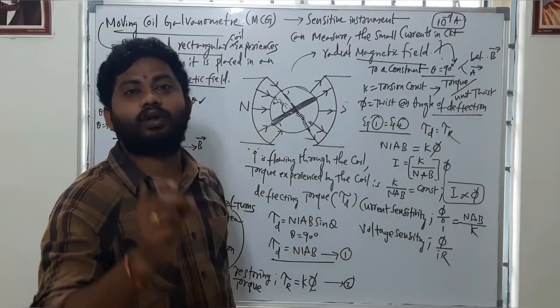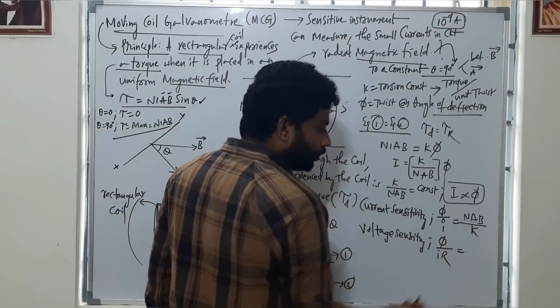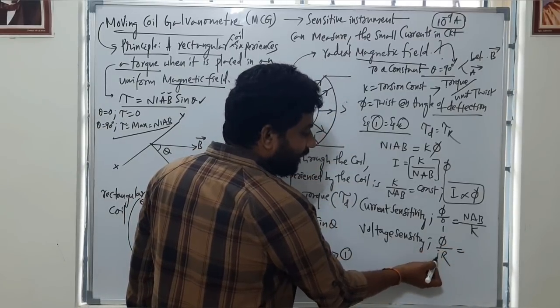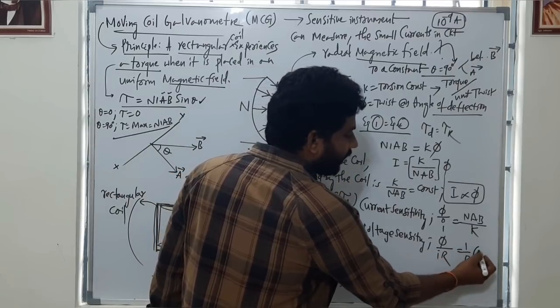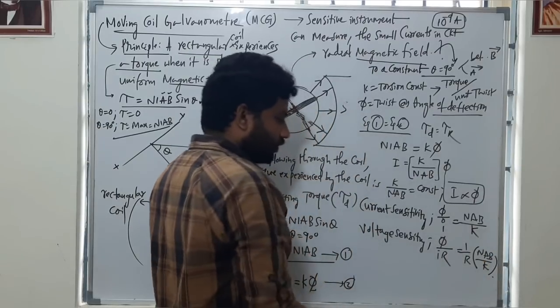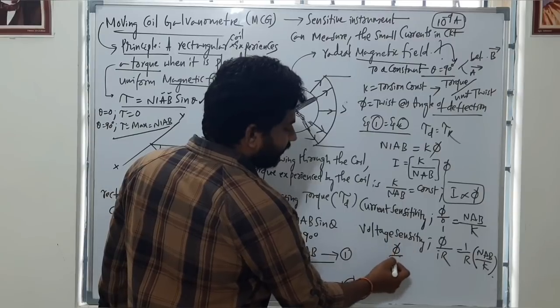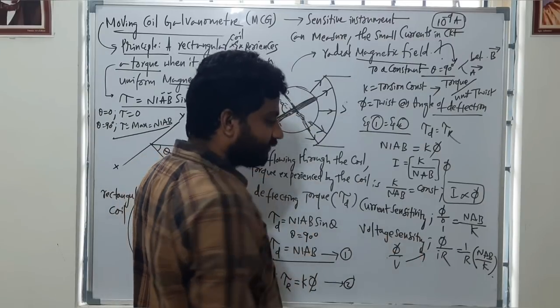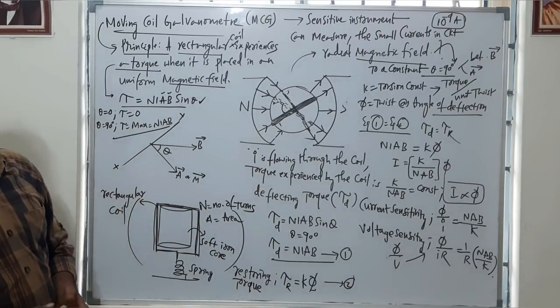So potential is equal to I into R. So it is phi by I into 1 by R. Same thing, just multiply with 1 by R. NAB by K. Understand? So this is voltage sensitivity, phi by V, and this is current sensitivity of a moving coil galvanometer.